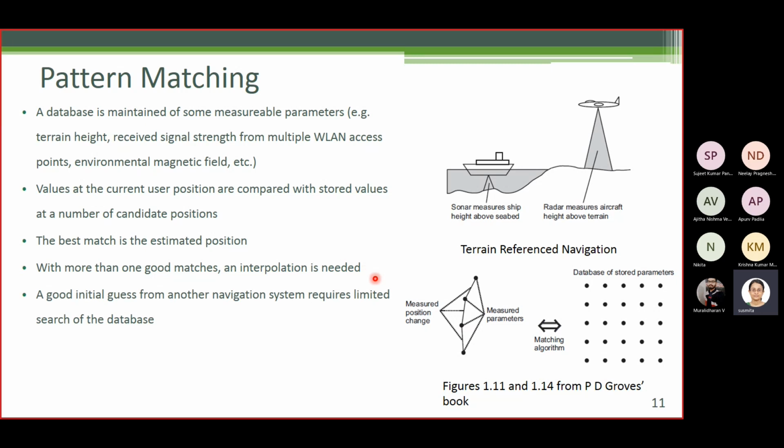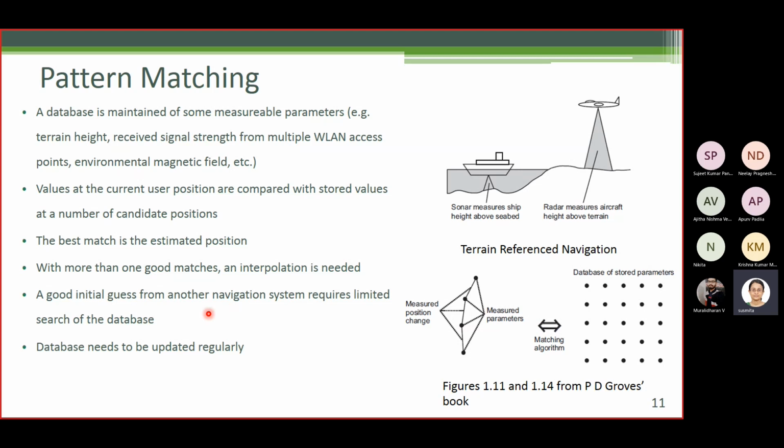As I told you, if we have a good initial guess from another navigation system, we just need to search part of the database. That will limit the search. But if you do not have any information, then the entire database has to be searched, which is quite time consuming and computationally expensive as well.